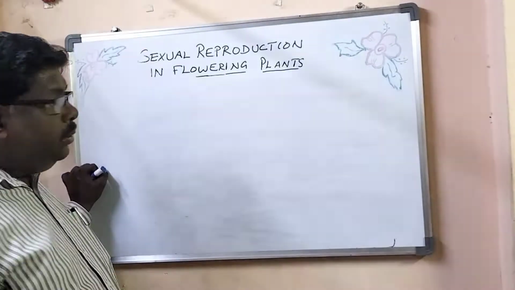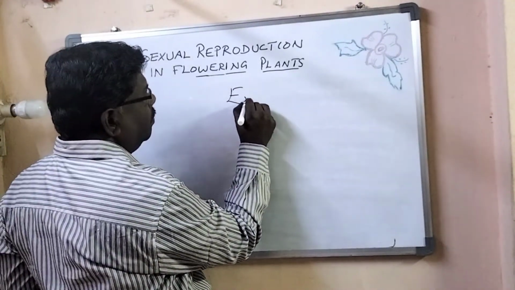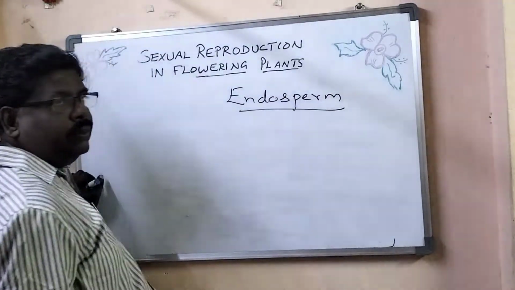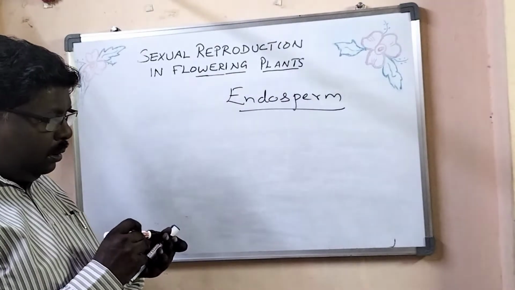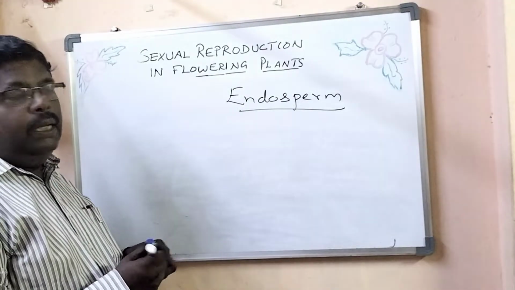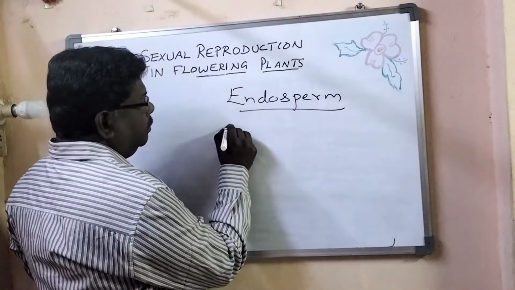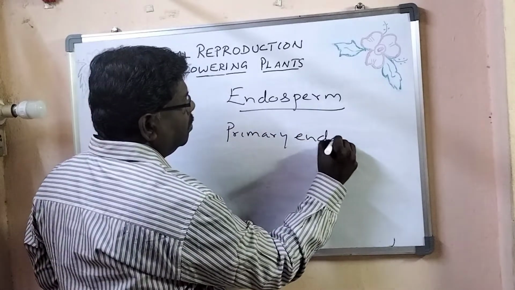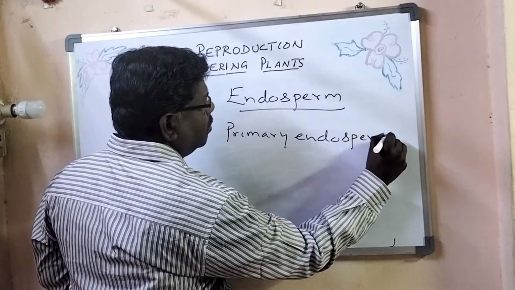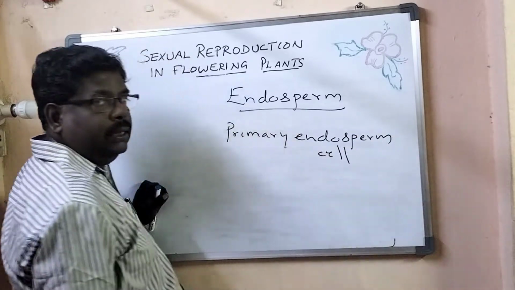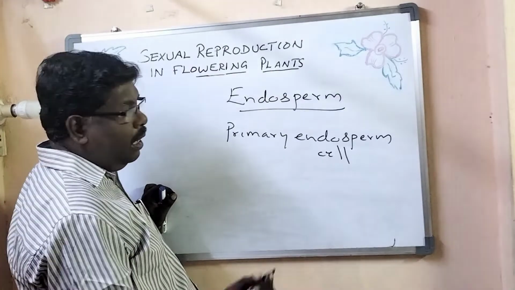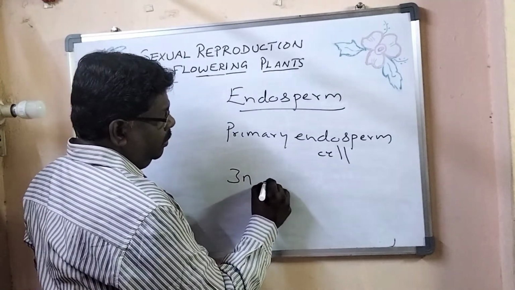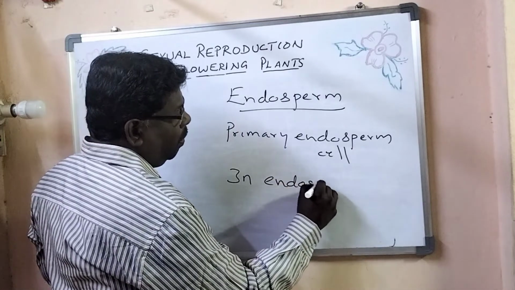Now let us see about endosperm. Actually, the primary endosperm cell divides and gives rise to, as I told you, triploid endosperm tissue.